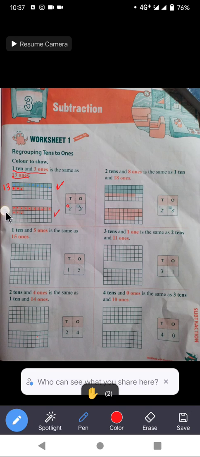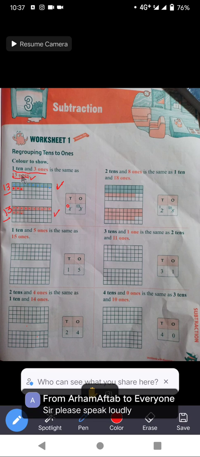Here also 13. So both are the same. Either we can write 1 ten and 3 ones, or we can write 13 ones. 1 ten and 3 ones is equal to 13 ones.